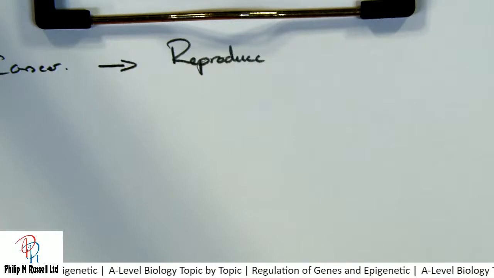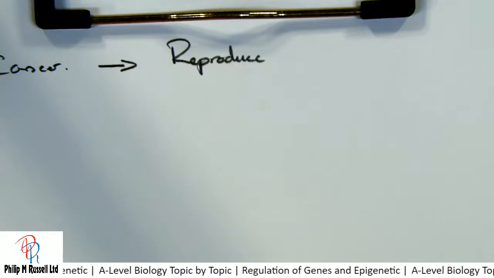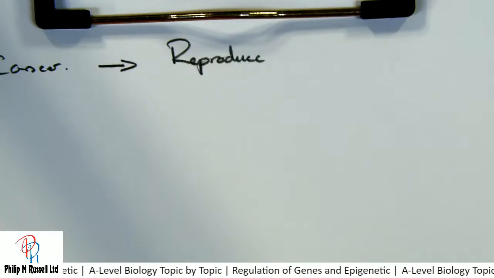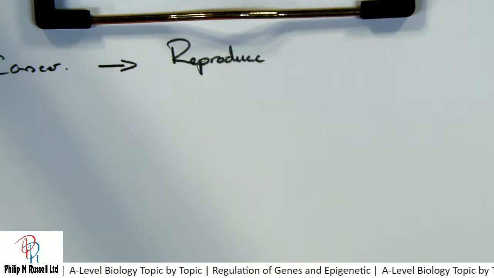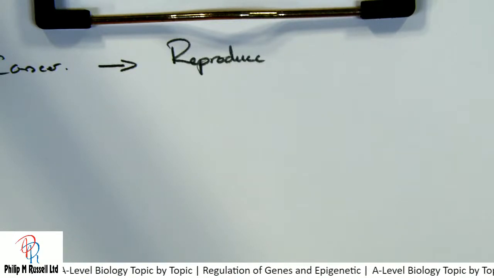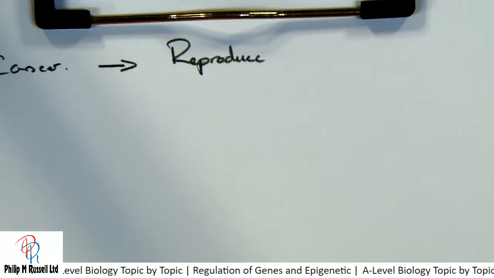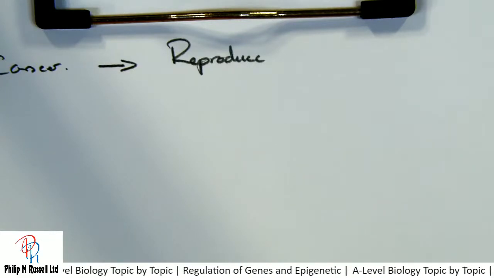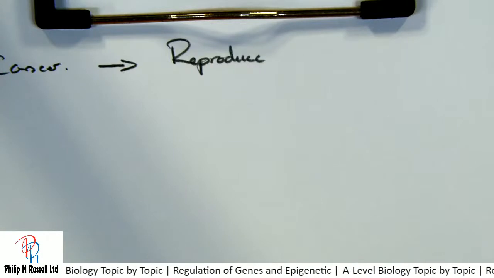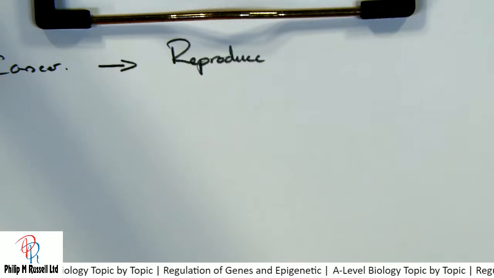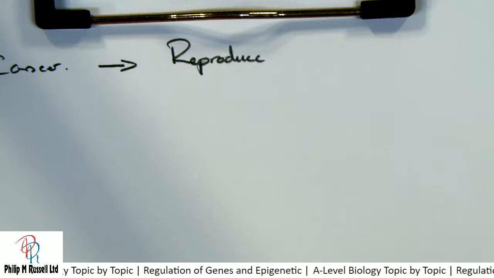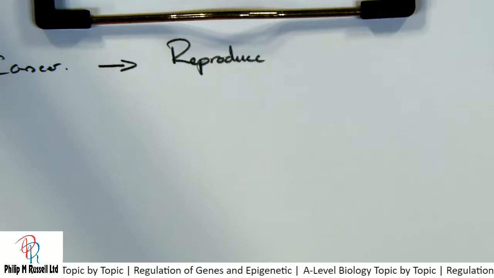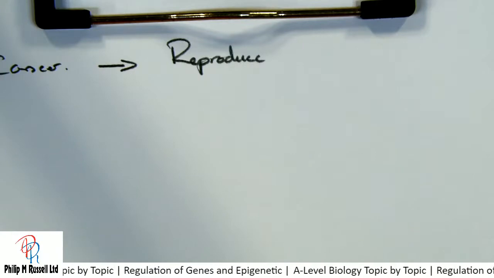Somehow this initial mutation that we've got causes uncontrolled mitosis, and basically it's going to grow and grow and grow. The two main types of genes that play a role in cancer are tumour suppressor genes and oncogenes.